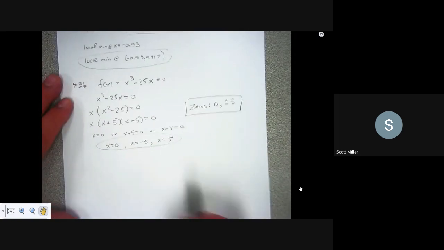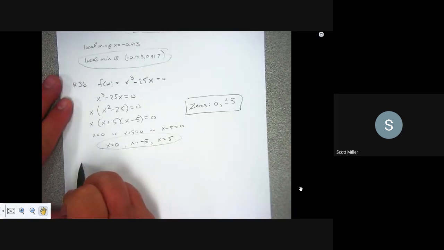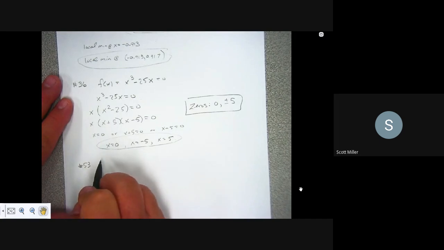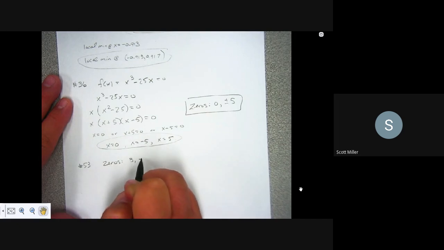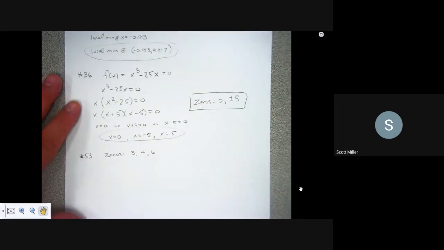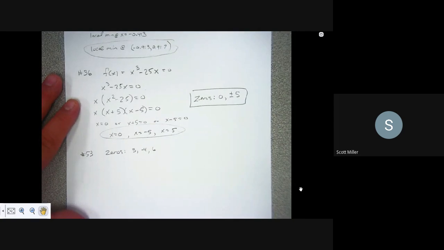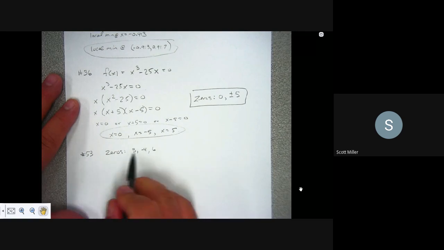And the last one is, again, using the connections that we have, 53. And in 53, I tell you that the zeros are 3, -4, and 6. And it says, using algebra, find a cubic, that means a degree 3 polynomial, with these given zeros.